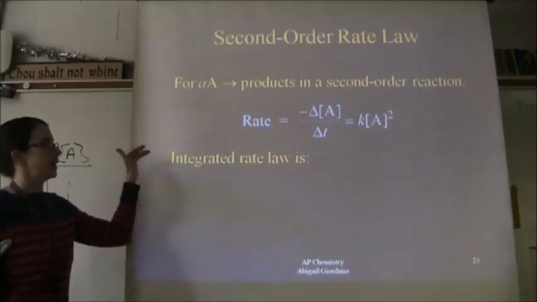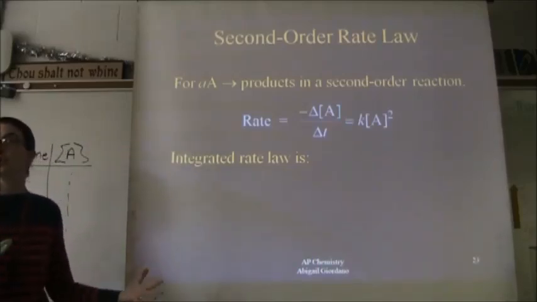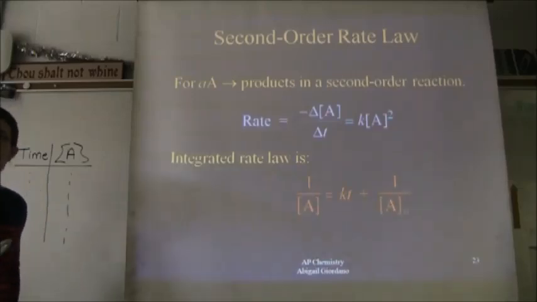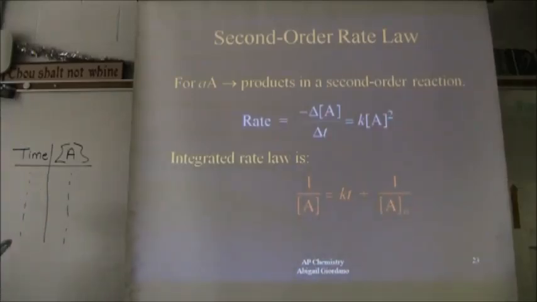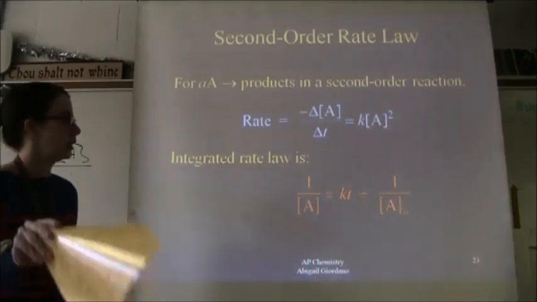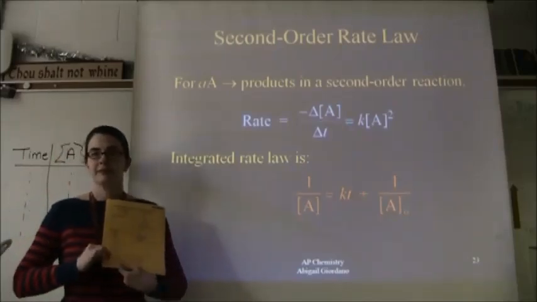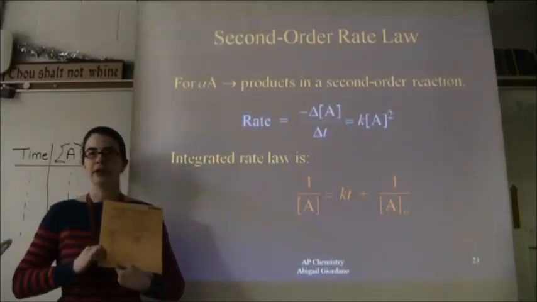Second order data has its own integrated rate law. It's not the same one. It looks like this. Don't memorize it. It's on your equation sheet. Now let's do this again. Here it is. Look at how it's written on your equation sheet.